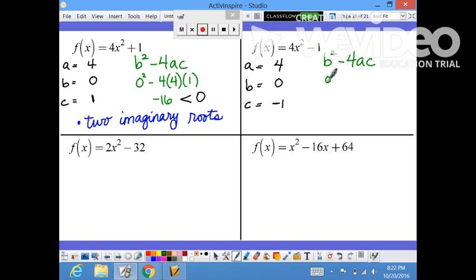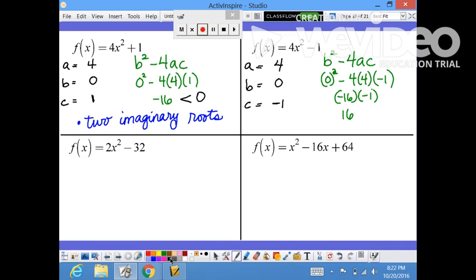So again, b is 0 squared minus 4 times 4 times negative 1. All right, so we have negative 4 times positive 4. That's negative 16. But that's being multiplied times negative 1, so that's actually positive 16.